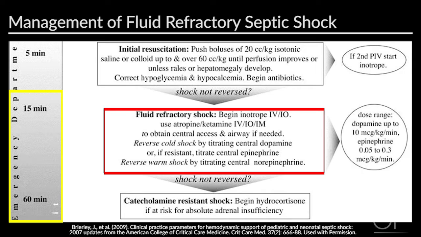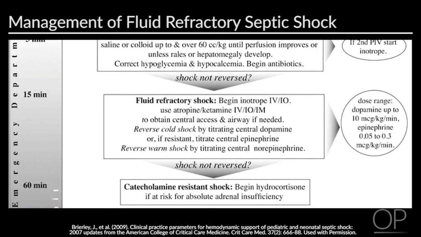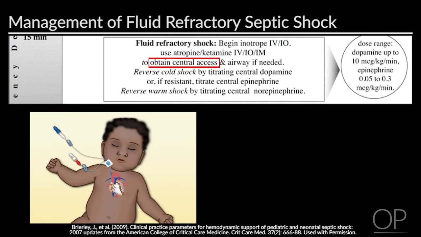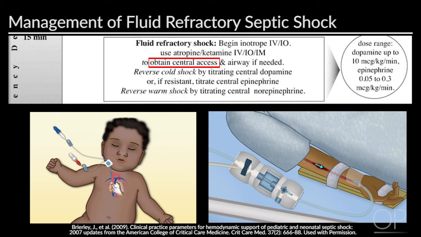Once you're at a position in the algorithm where the patient is in fluid refractory shock, then you always want to start thinking 1 to 2 steps beyond where you're at in the algorithm and anticipate the needs of the patient. So you would consider placement of a central venous line and placement of an arterial line.